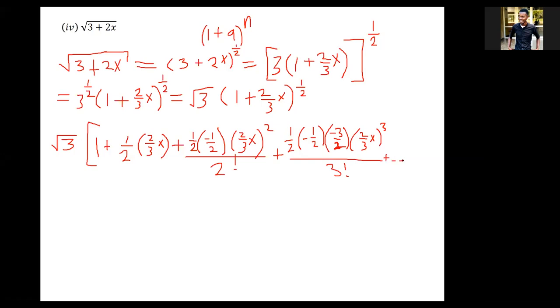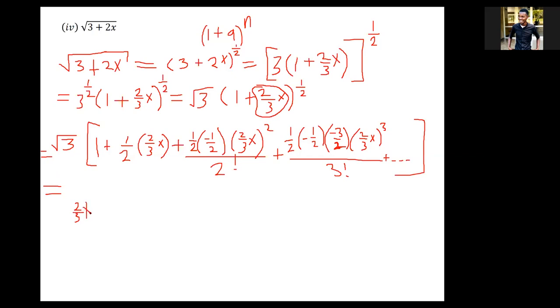But since the question is saying we end on x to the power 3, you can end here, and we're just remaining with simplifying the expression. So you multiply everything, you simplify them like that. Yeah. So this expression is only valid when the absolute value of this part there is less than 1.